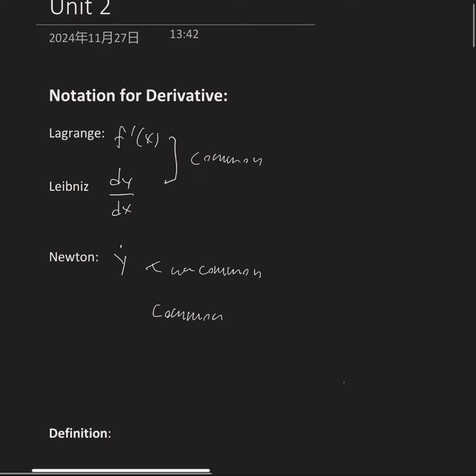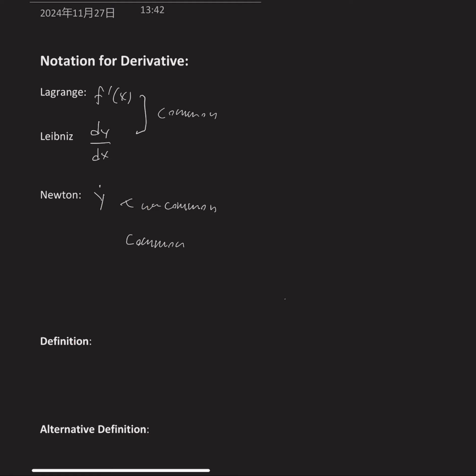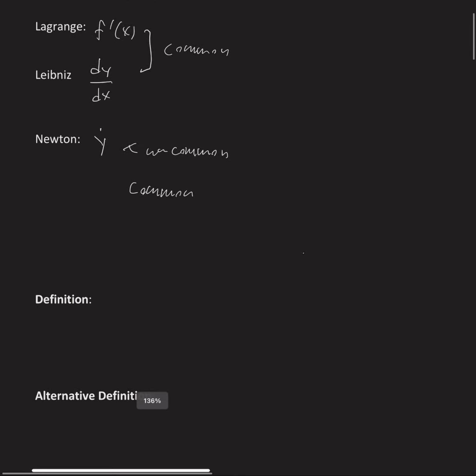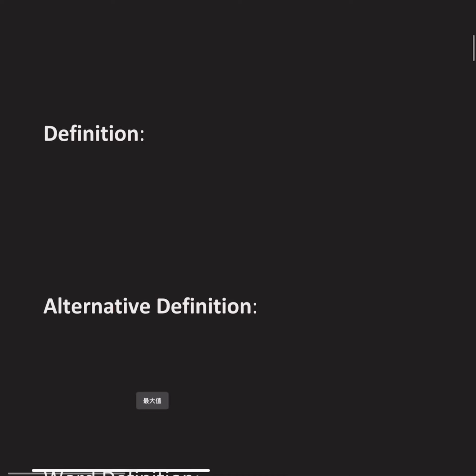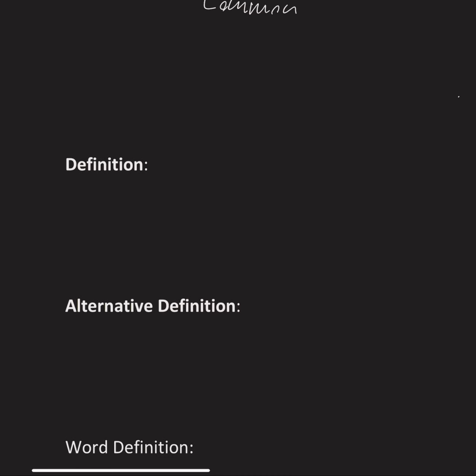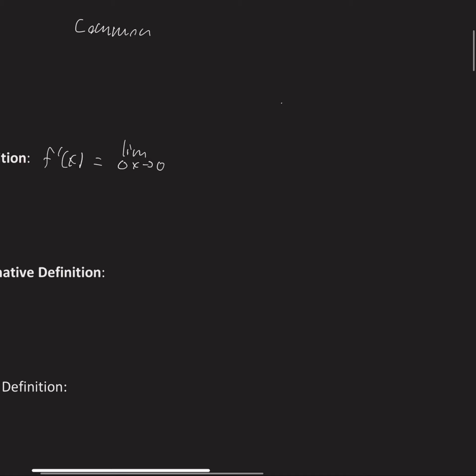Okay, let's talk about what a derivative is. Let's talk about the definition of it. There are actually two limit form definitions. The first one is f prime of x equal to the limit as delta x approaches 0 of f of x plus delta x minus f of x, all divided by delta x.